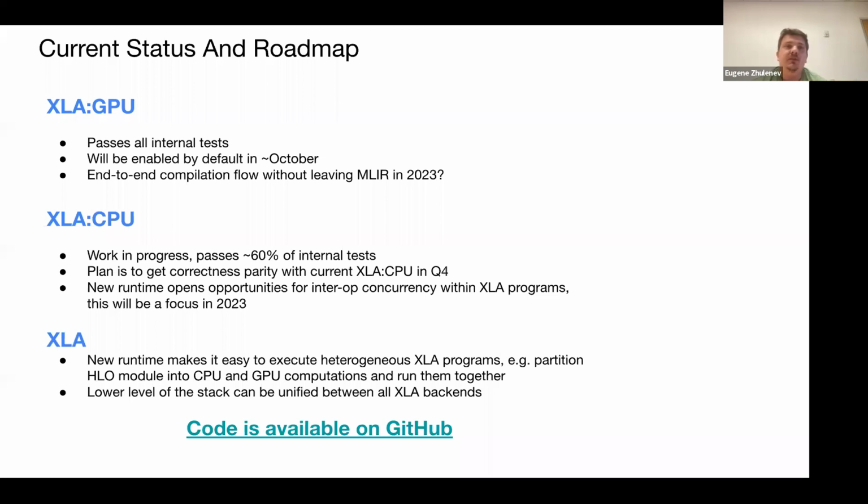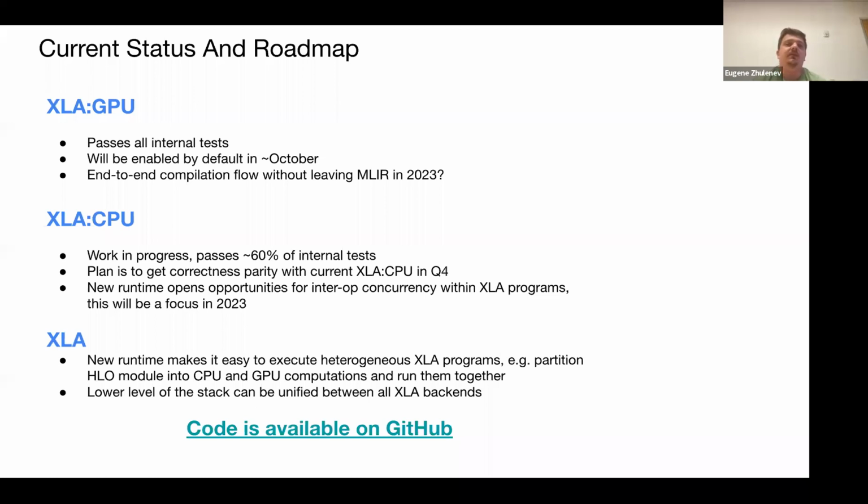You can run some of the parallel loops concurrently, but you can't execute multiple operations concurrently with each other. In the new runtime, it should be easy with async execute and async values. So we think that once everything lands, we should get nice performance improvements just because we have an opportunity to do more work concurrently.